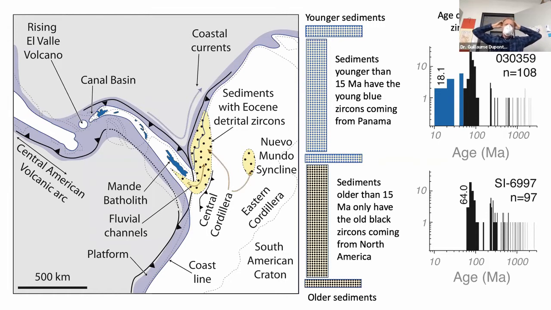And then you cannot tell them apart from the ones that are also old and coming from South America. So if there were not these young rocks in Panama, you couldn't tell the difference. And that can be a problem sometimes. I mean, you need to have a diagnostic rock that is providing some grains. Otherwise, you cannot see it.